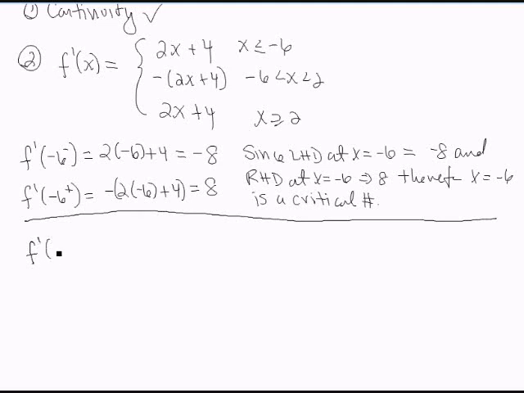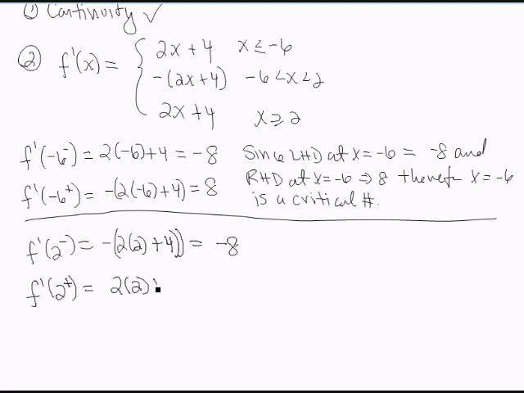Now let's look at the derivative at 2 from the left-hand side, which would be this function here, so that'd be negative 2 times 2 plus 4. That's going to be equal to negative 8. And the derivative at 2 on the right-hand side is just going to be 2 times 2 plus 4, which is equal to 8.